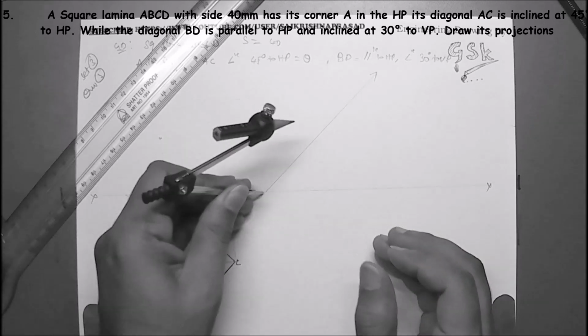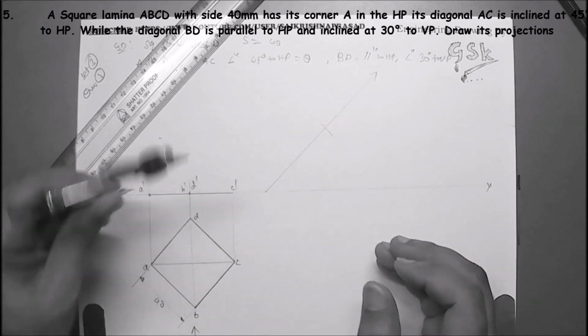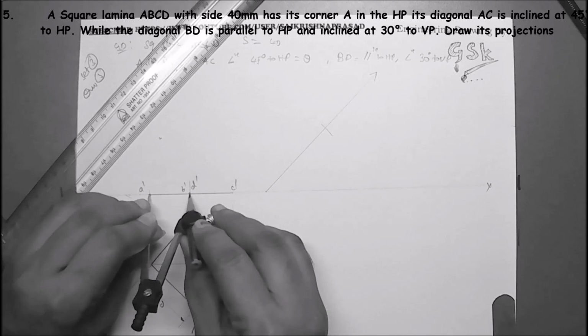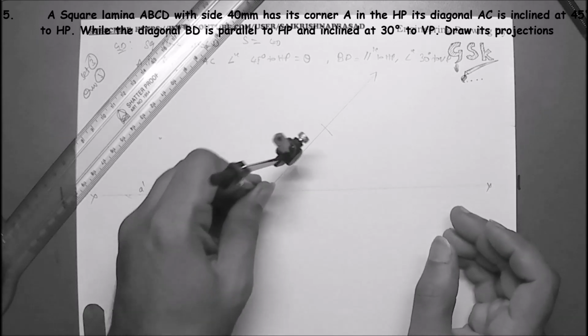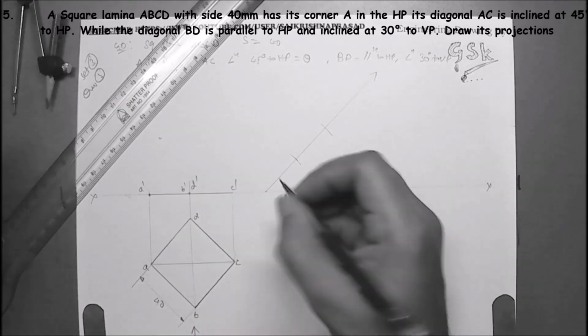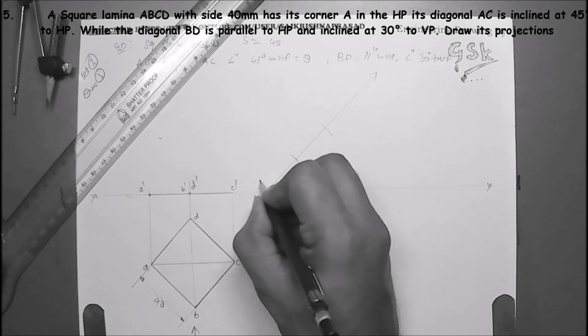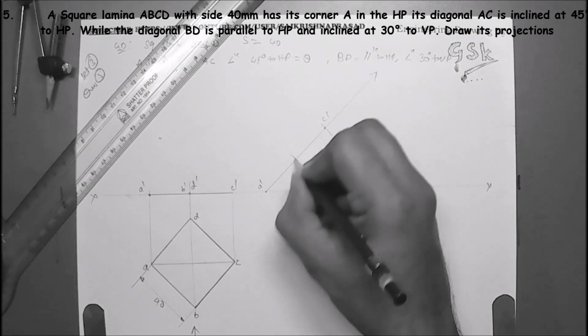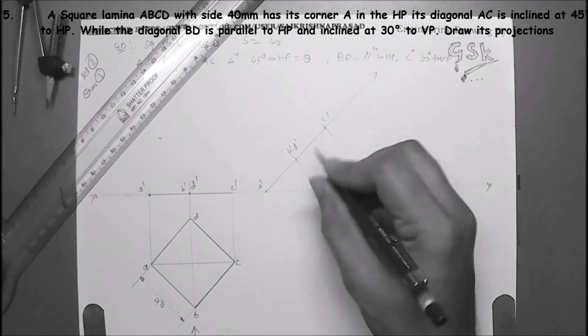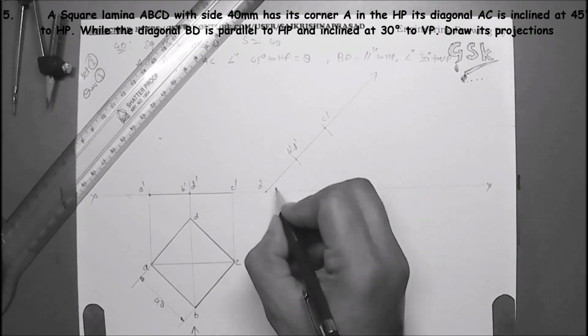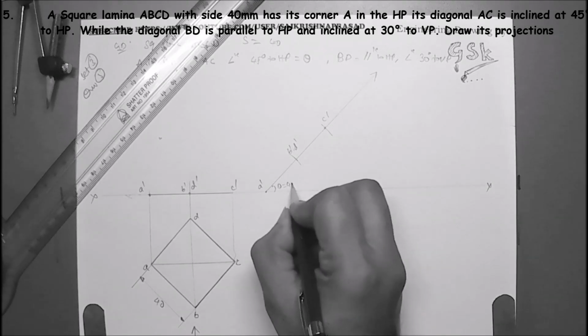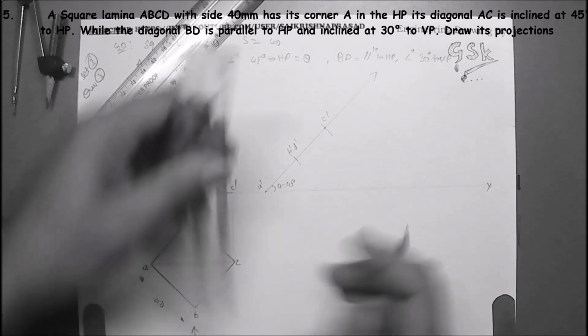Measure this. This point A dash, this is C dash, this is B dash, D dash, means diagonal AC is theta of 45 degrees to the HP. Let's darken this.